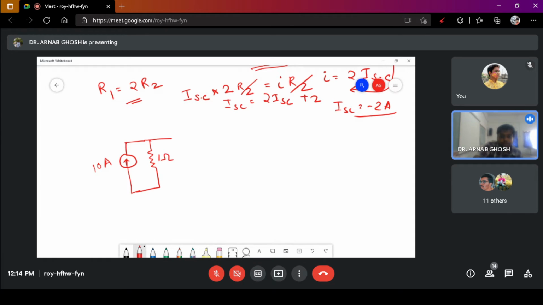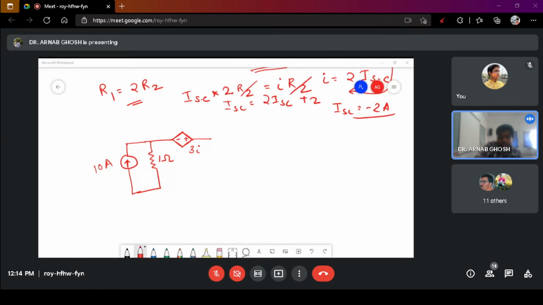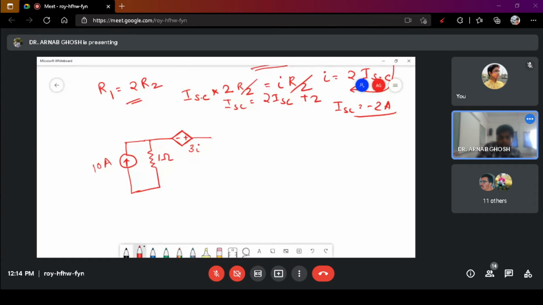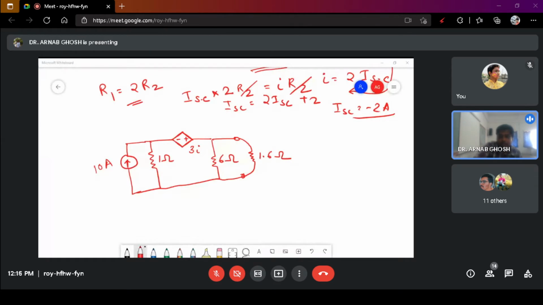You have a voltage source here of 3i, and then a 6 ohm resistance, and here you have another resistance connected that is equal to 1.6 ohm.